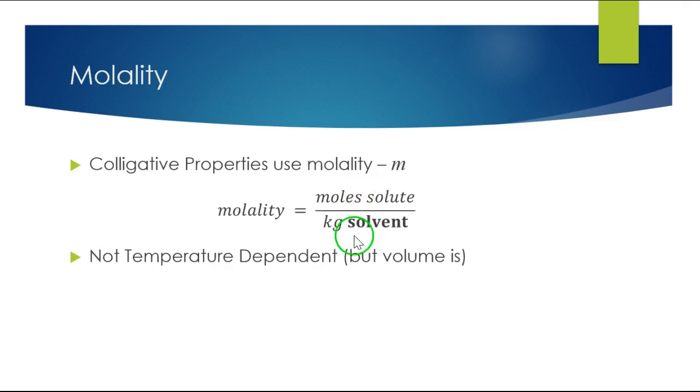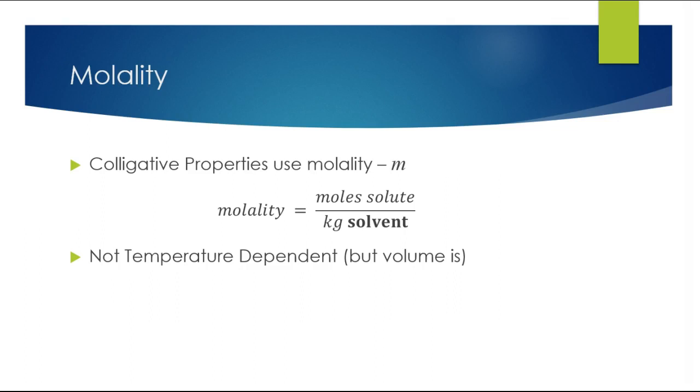I want you to notice that kilograms and moles, neither one of them are temperature dependent. However, volume is. So when we calculate molarity, it is dependent a bit, at least, on the temperature. The density of water varies depending on its temperature. So its volume changes. Its mass isn't going to change, but its volume will change.